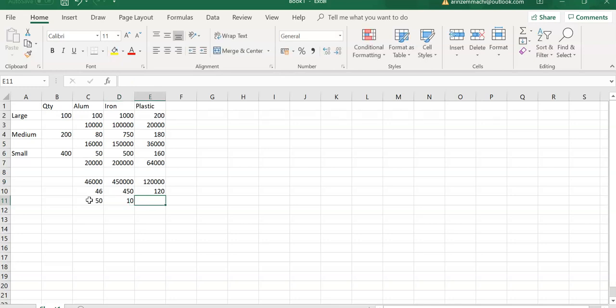and 20p per kilogram, which means that in total for aluminum I will need this 46 times 50. I have that. Here I will need 450 times 10. I will have that.